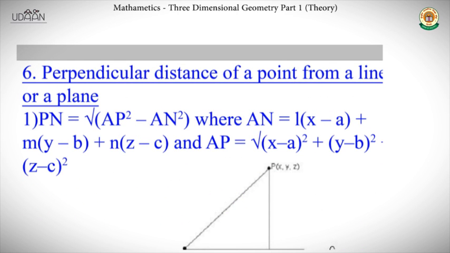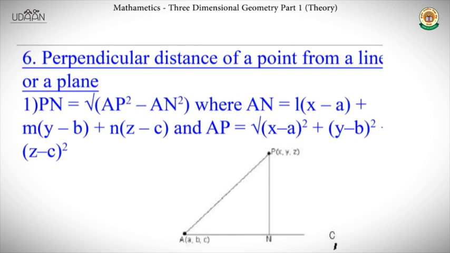Now, the next important point in 3D is finding the perpendicular distance of a point from a line or a plane. So, how would we do it? Say there is a point P (x, y, z), and there is a line given by x minus a by x1, and there is a point on the line, A(a, b, c).